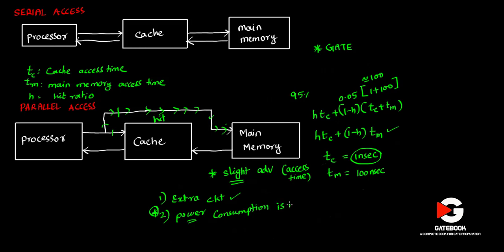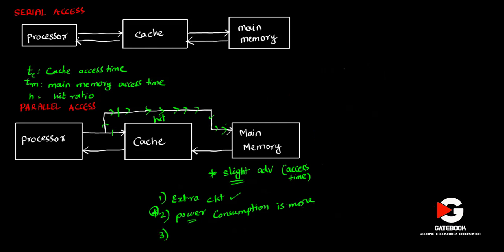All right, okay, is more. Now the third one is bandwidth or throughput. So here I want to compute the number of requests which are going to main memory per unit amount of time.